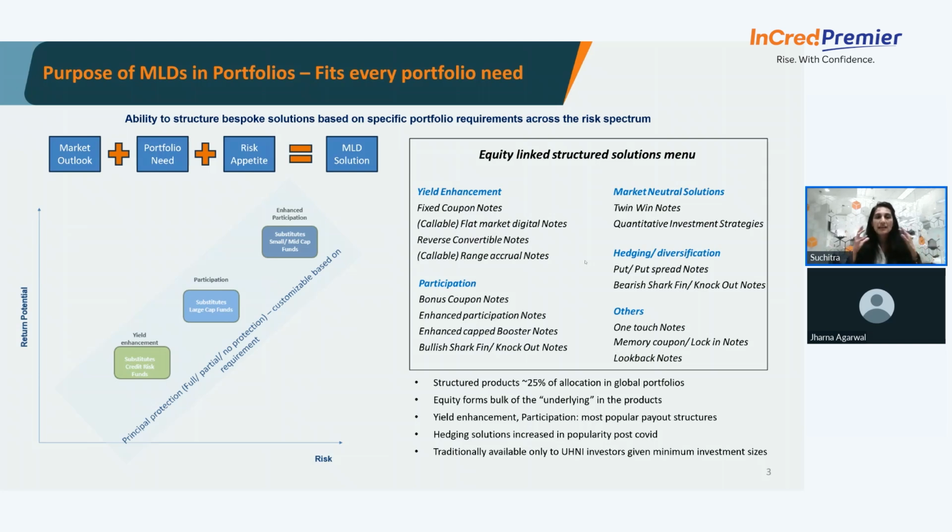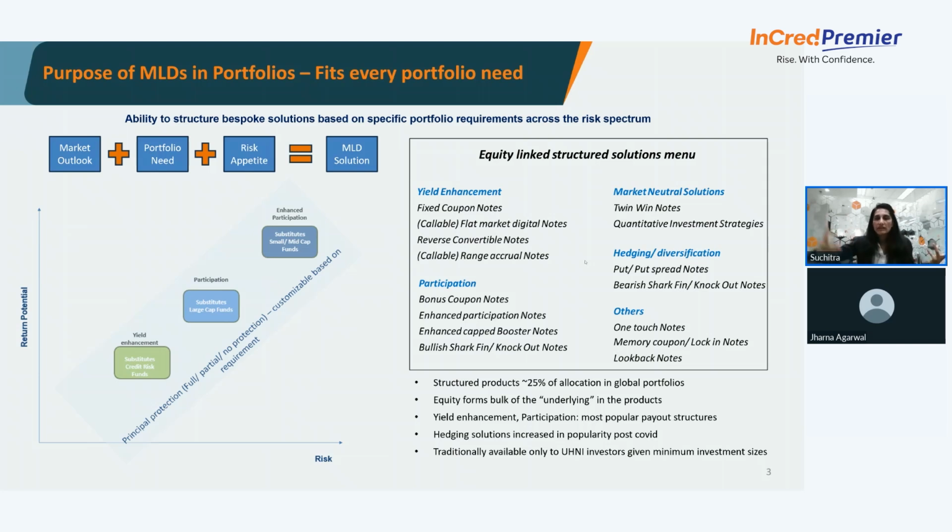If I think of classic portfolio construction, how do we build a portfolio? We look at the market outlook: bullish, bearish, market neutral, right? Like we think it's going to move, but it's going to be range bound. So that's your market outlook. Let's take Nifty. That's my outlook for Nifty. What does my portfolio need?